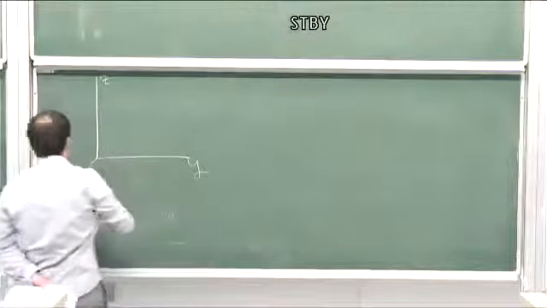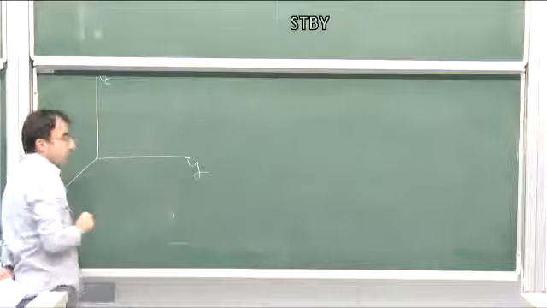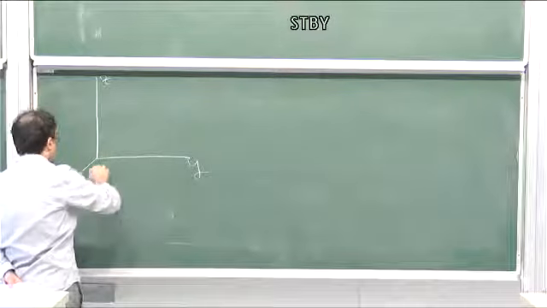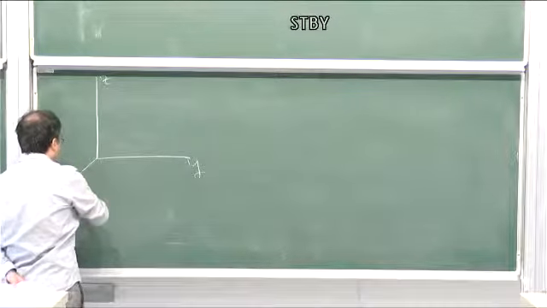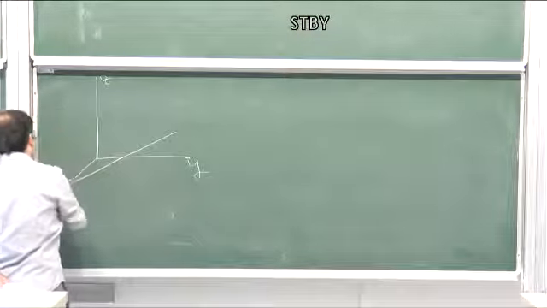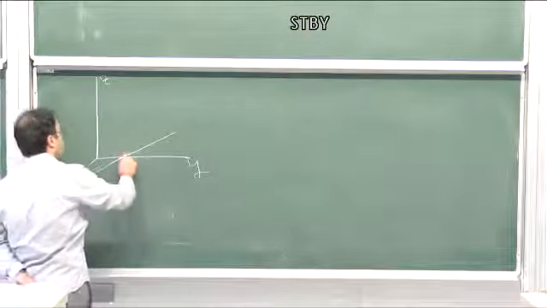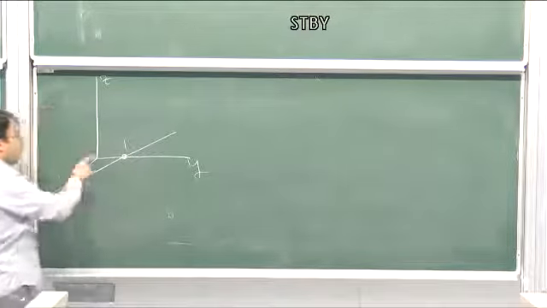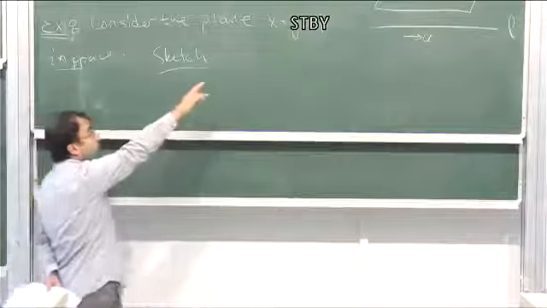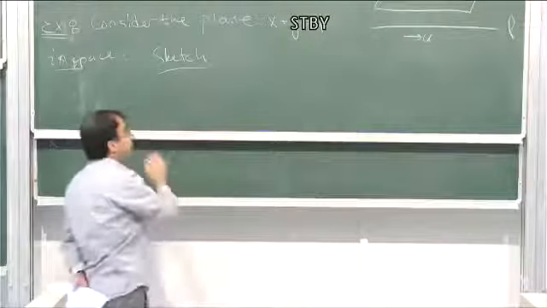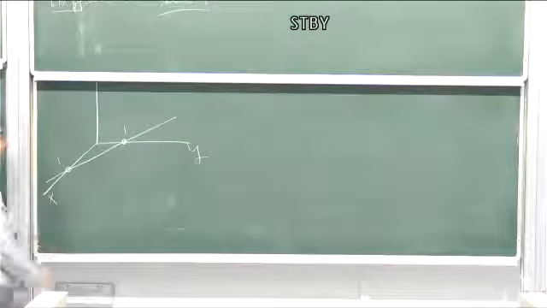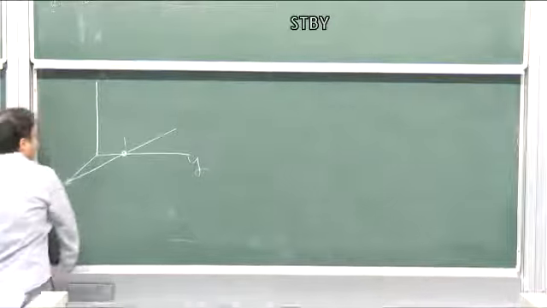So what is the intersection with the xy plane? It will be the line x plus y equals 1. First I sketch this line x plus y equals 1 in the plane. So this is 1. This is also 1. These are the intercepts, right? If I draw this in the xy plane, then it will be this line whose intercepts are at 1.